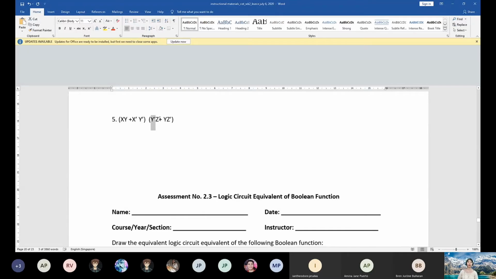And this one, y prime z plus yz prime, is actually 0, 1 plus 1, 0. So which gates are those? What gates do we have to use? Although we may use AND gate, OR gate, and inverter, this one's easier.